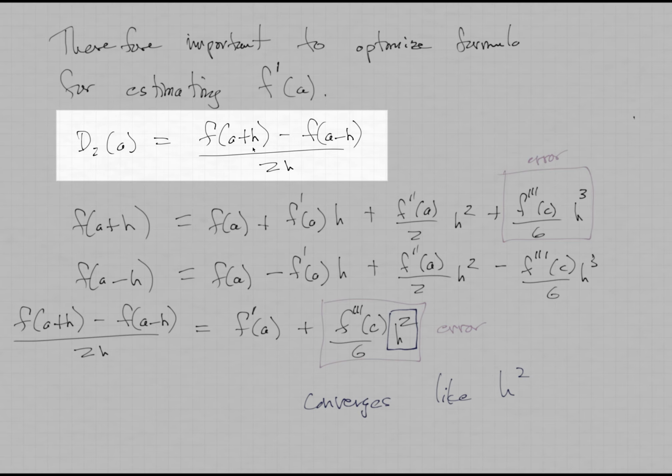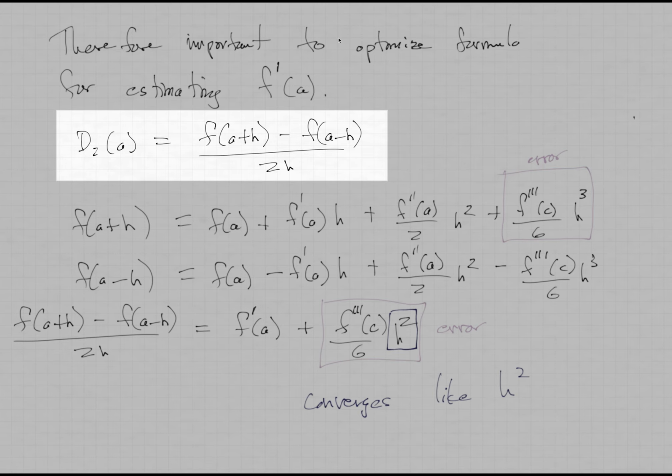So we go h units to the right of a, h units to the left of a, take those two sample points, subtract them, and divide by the distance between them, which is 2h. Intuitively this seems like a better idea because now we're sampling from both sides of the point. It does seem like a mistake in the original formula D1 that we were only sampling from one side of the point. That was likely to cause trouble in some sense.